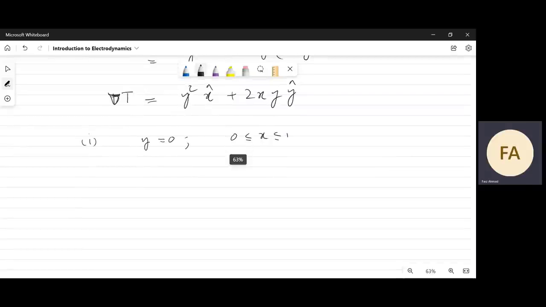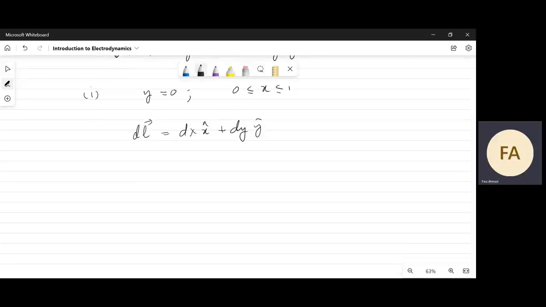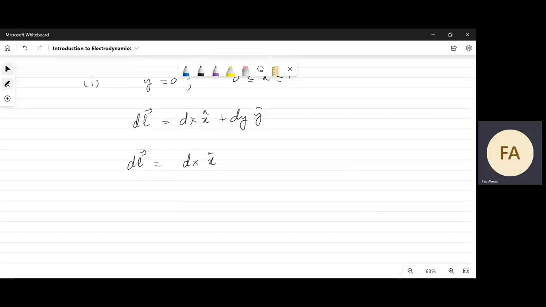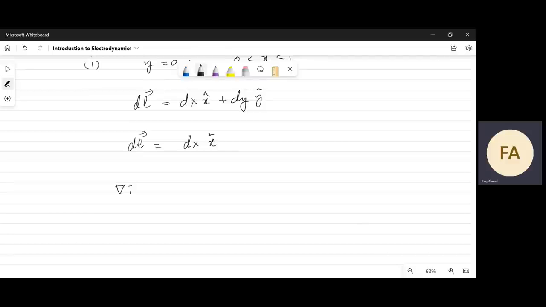If we want to find dl, in general dl should be dx x plus dy y. There is no variation in the z direction, so dz will be 0. In this case, as y is equal to 0, dy will become 0. So dl will become dx x. So we have to find del t dot dl, and there is no y component.